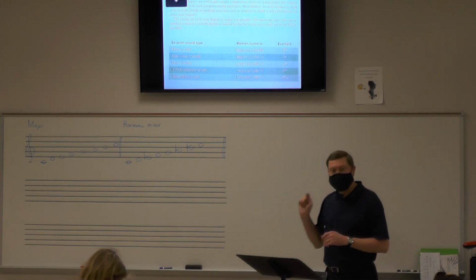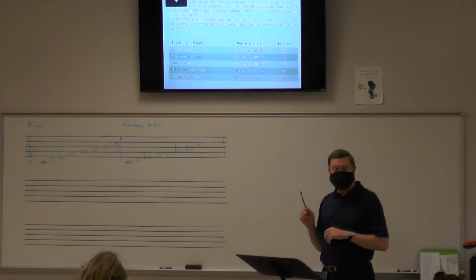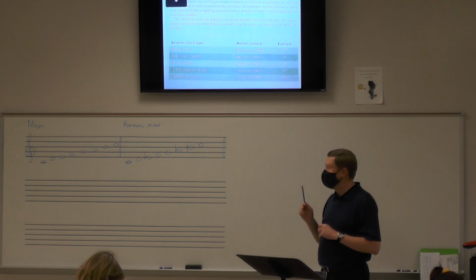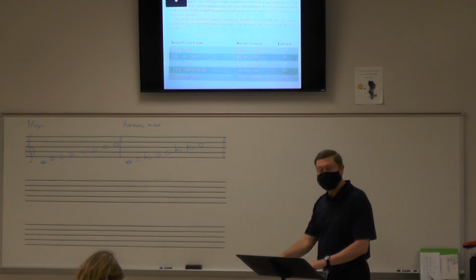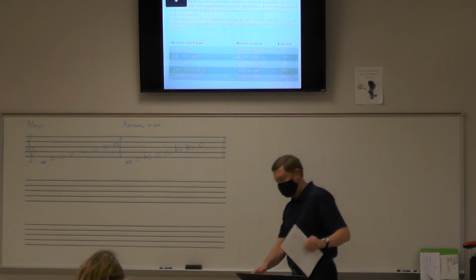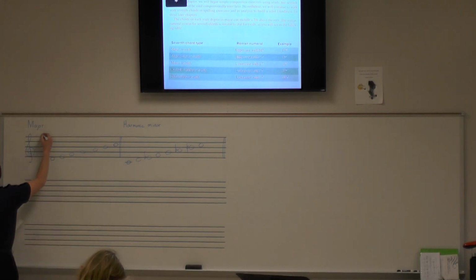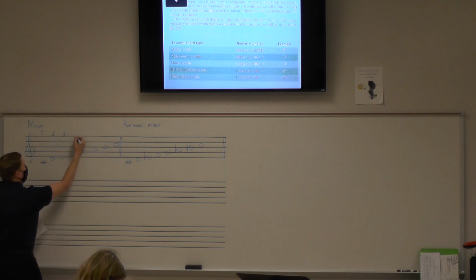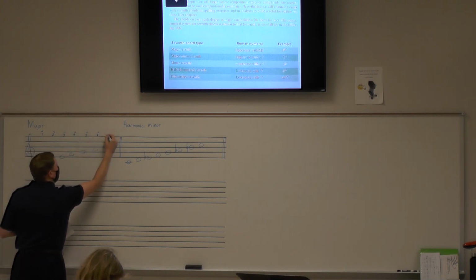Okay. But I do want to take just a few minutes to talk to you about a 7th chord built on one of those scale degrees. And that is the 7th chord built on scale degree 5. You see up here on the board I have a major scale and a harmonic minor scale written, and I'm just going to label the scale degrees quickly.